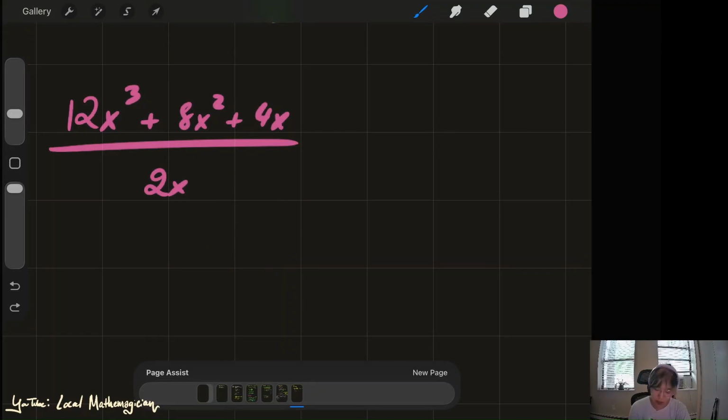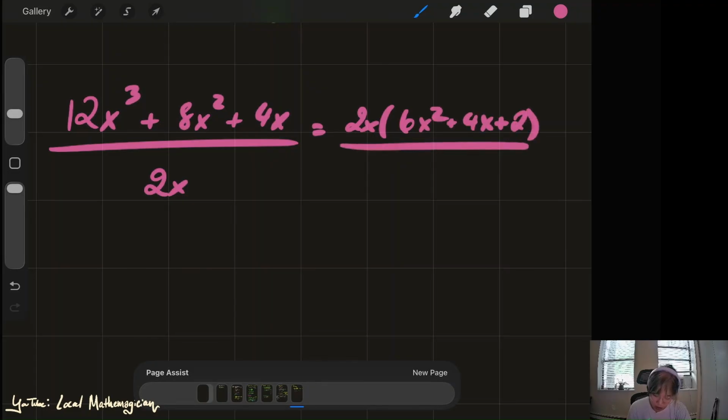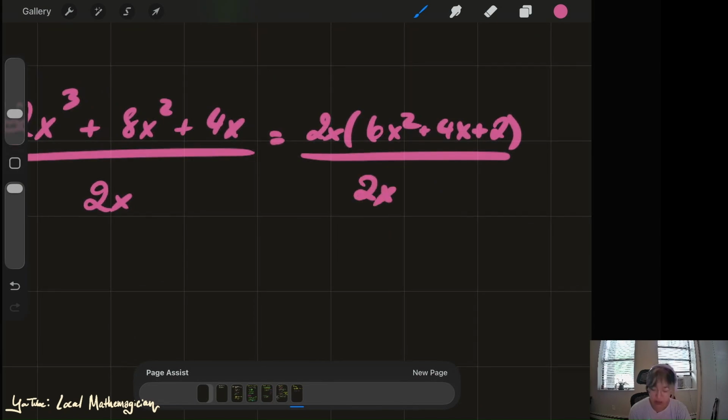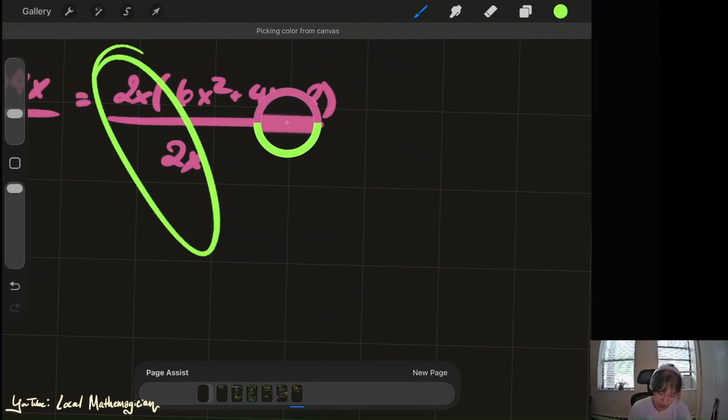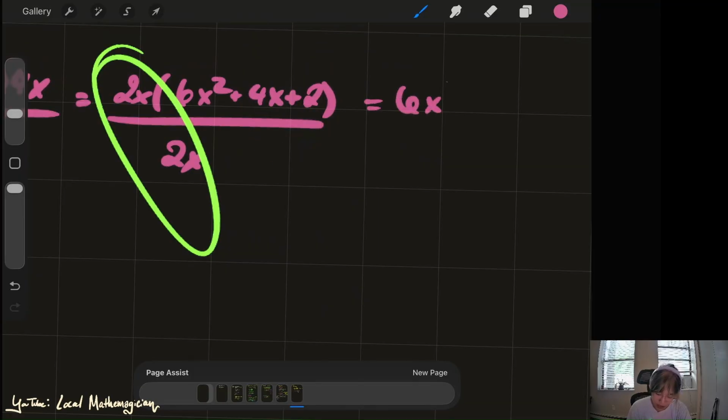So immediately I'm going to write this as 2x times 6x squared plus 4x plus 2 all over 2x. And then the process is the same. Oh, 2x over 2x is 1. And that leaves us with 6x squared plus 4x plus 2. Okay? Polynomial division. It's very nice.